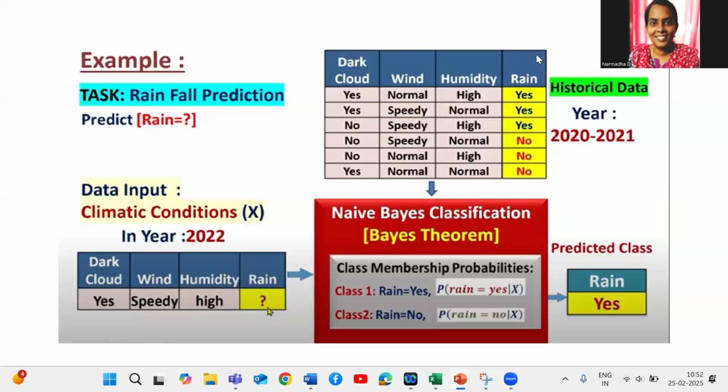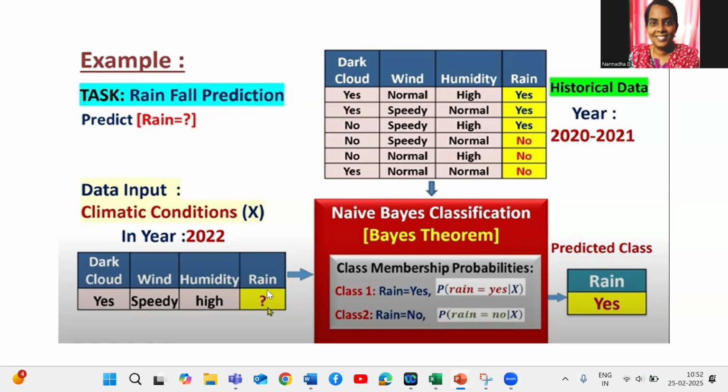And this is the target class that you want to predict. The task is whether there will be rainfall on a particular day or not. So based upon the given input, there is a dark cloud, the wind is very speedy, and the humidity is high.